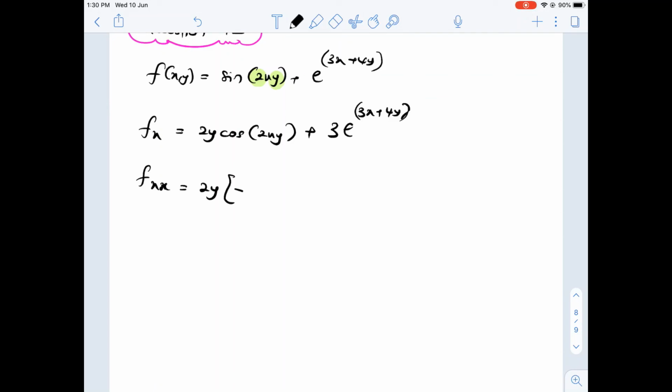So negative 2y, just a constant, sine 2xy, like this. Let me write it like this so that you can understand this better.